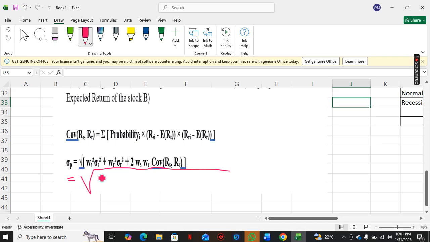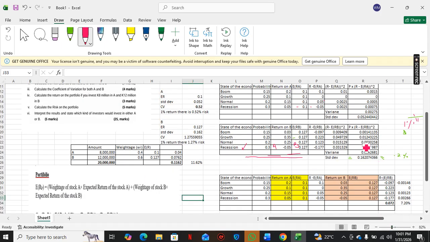That's the weightage for investment A, which is 0.4 squared, multiplied by the variance for investment A. The variance for investment A, here it is.